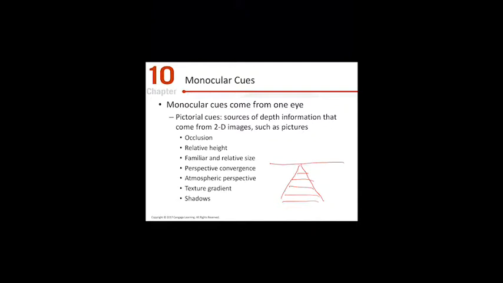Atmospheric perspective is important for us in terms of looking at, for example, pictures of big scenes. Anything that's blurry or hazy is going to look further away just because of atmospheric conditions. Texture gradient is really good for determining what's in the distance, because things get more packed as they get further away.